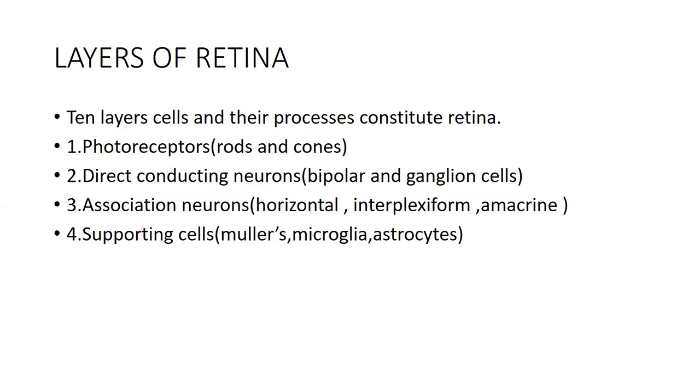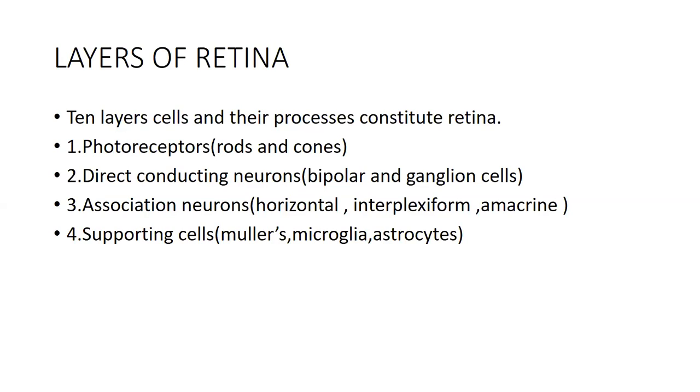From ganglionic cells, axons emerge and form the optic nerve and finally take the nerve impulse to the visual cortex, where the image is formed. Number three are the association neurons. These are horizontal, interplexiform and amacrine neurons. They are not direct conducting, but they connect different types of cells with each other. Supporting cells are the Muller cells. The Muller cell is a very large cell, which I have already told you about in detail, that forms a part of the retina.